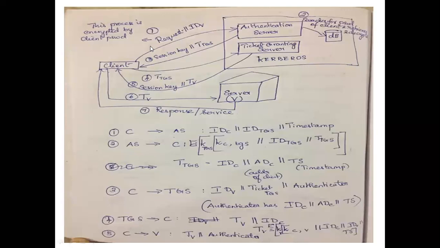That request asks for the ID of the server, IDV. The V is the server, as I have already told you. The client will request the ID of the server by using its password. It will use the client password and log into this server.